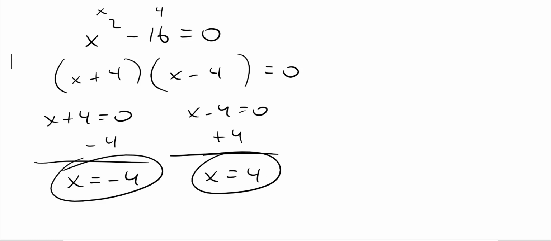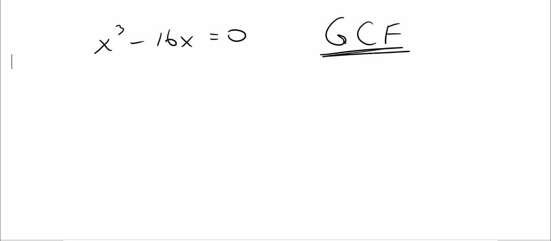Okay, so let me give you another one here, really similar to that one. What if I gave you guys x cubed minus 16x equals 0? Okay, the first thing you're going to do is greatest common factor. You got to remember that. Greatest common factor. Always first. Always, always, always.